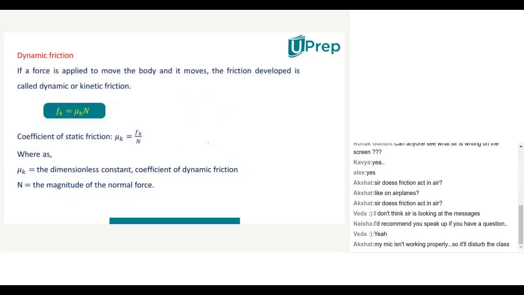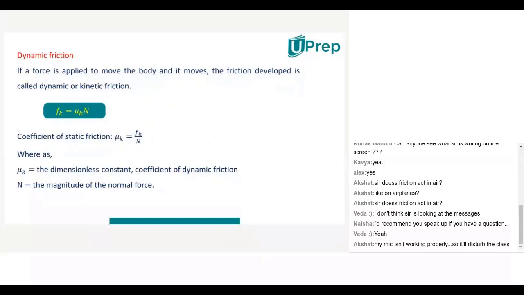Now let us move to next friction, which is called kinetic. Kinetic is also called dynamic friction. Okay. Yes, sir. Okay. Now if force is applied to move the body and it moves, then the friction developed is called which friction?